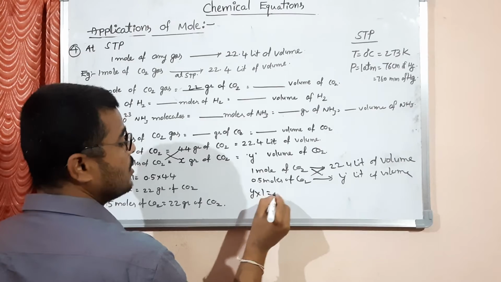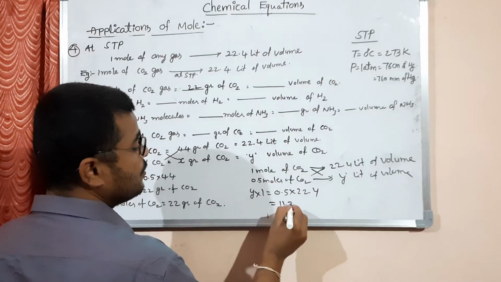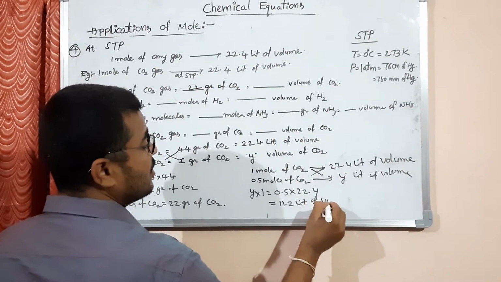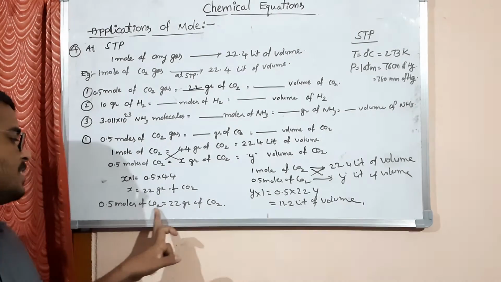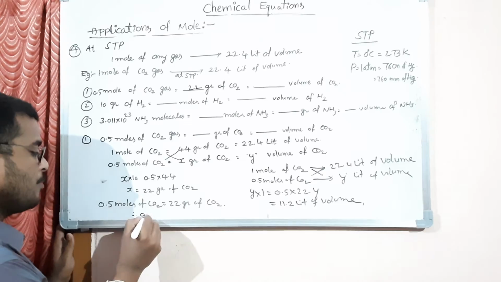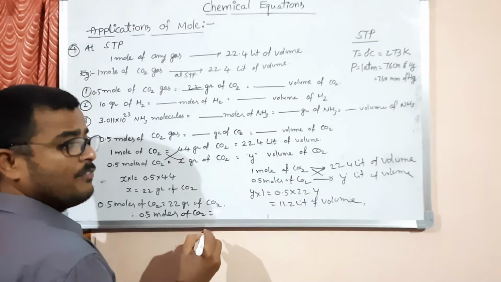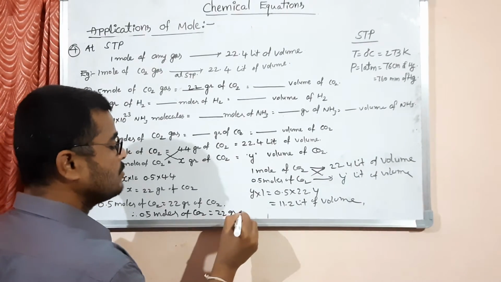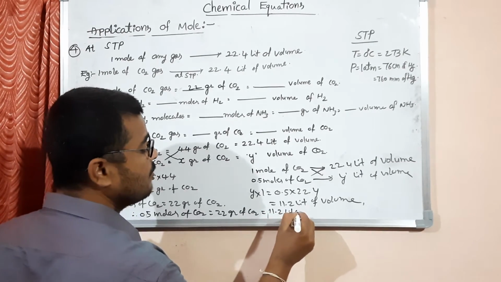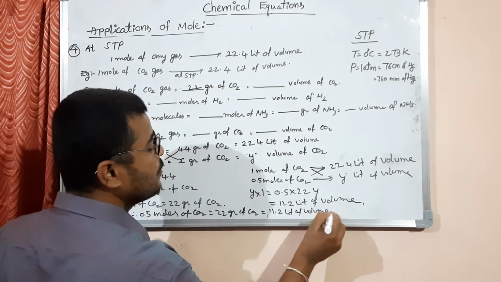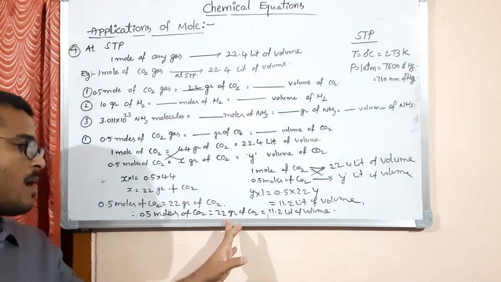Y into 1 is equal to 0.5 into 22.4, that is equal to 11.2 liters of volume. Therefore 0.5 moles of CO2, in terms of weight, in terms of grams, is 22 grams of CO2, and in terms of liters, 11.2 liters of volume. This is in terms of moles, this is in terms of mass, this is in terms of volume.